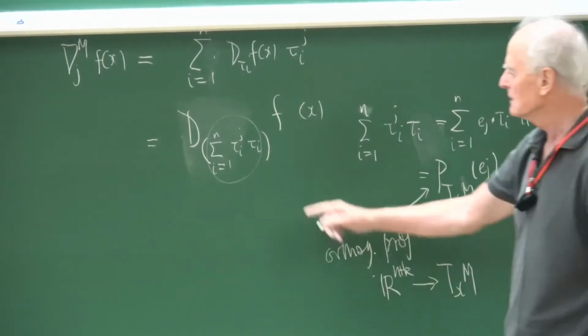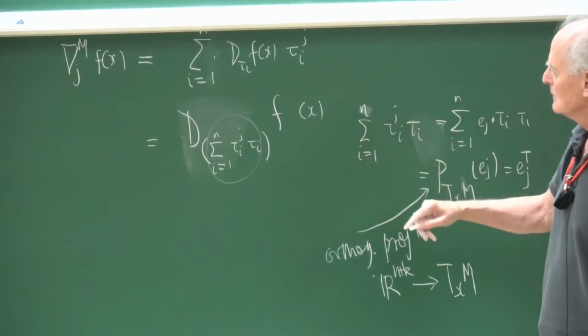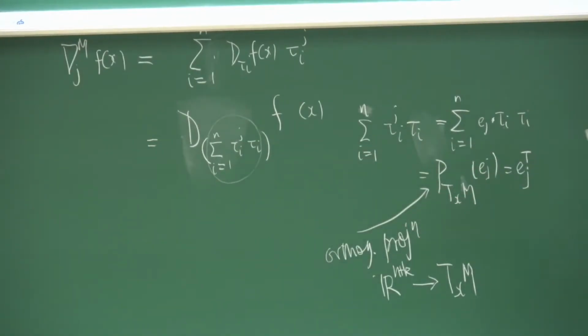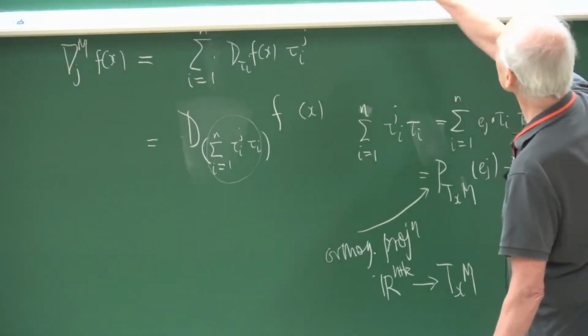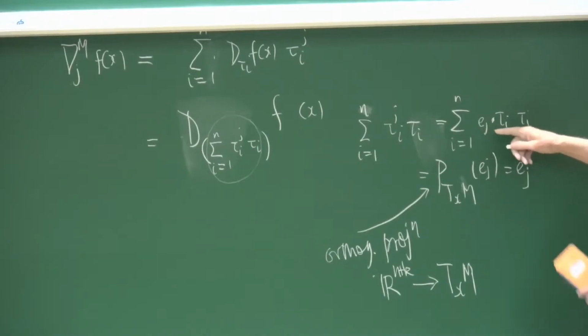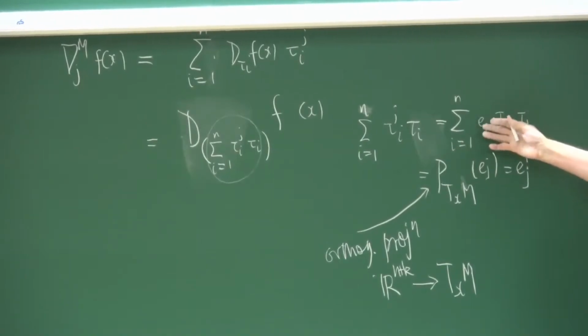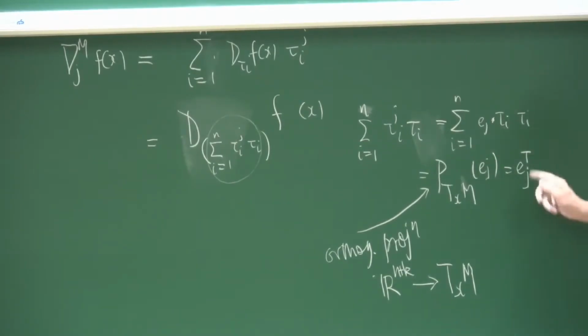Remember, τ_1 up to τ_n are an orthonormal basis for the tangent space. Here it is. And then to get the orthogonal projection into the span of those, which is T_x M, you just take the vector you want to project, dot it with τ_i, multiply by τ_i and sum. Okay, so that's e_j^T.